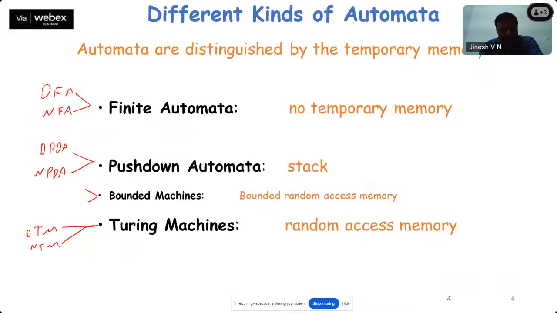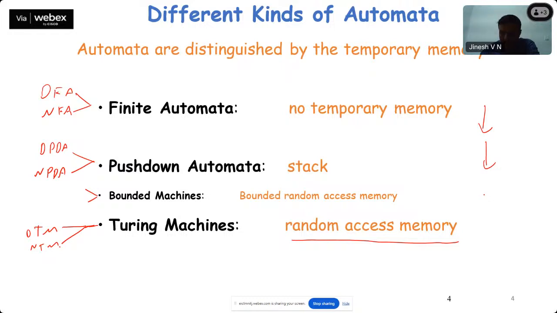Now we have seen the different types of automata available, that is finite automata, which has two types, deterministic finite automata and non-deterministic finite automata. Another type is pushdown automata, then bounded machines and Turing machines. In the Turing machine the main property is that it has random access memory, and of all these automata, the Turing machine has the highest expressive power.